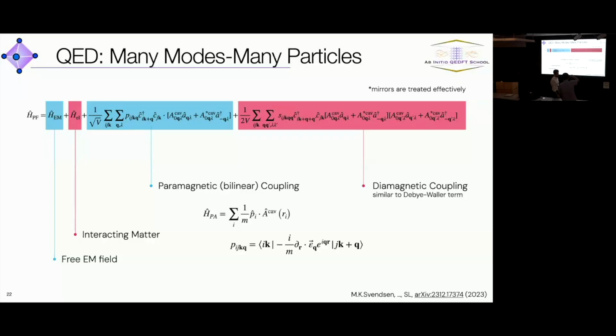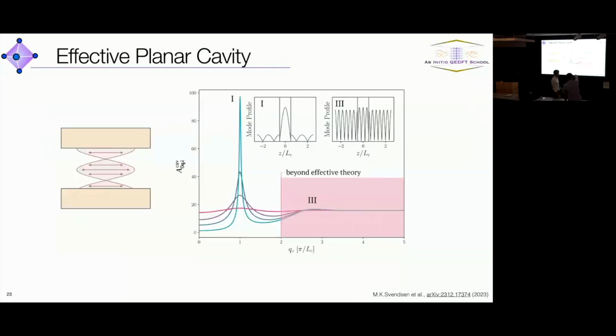About the mode profile you showed, it says that the higher frequency region does not show much. Very low, yes. That's because this is a more realistic mirror, not just a perfect boundary condition.